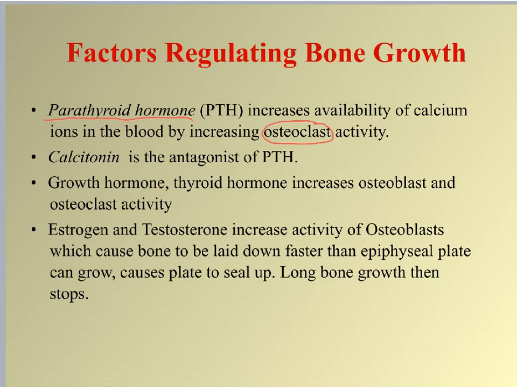And when they break down old bone, remember they're kind of digesting the concrete. And that concrete, or the ground substance of bone, is calcium. So as parathyroid hormone increases, it causes osteoclast activity to increase, therefore increasing the availability of calcium in the blood.